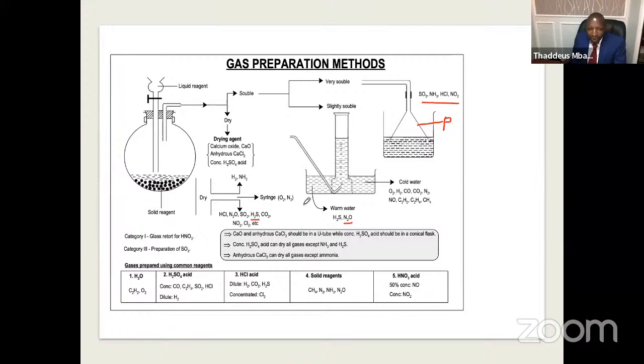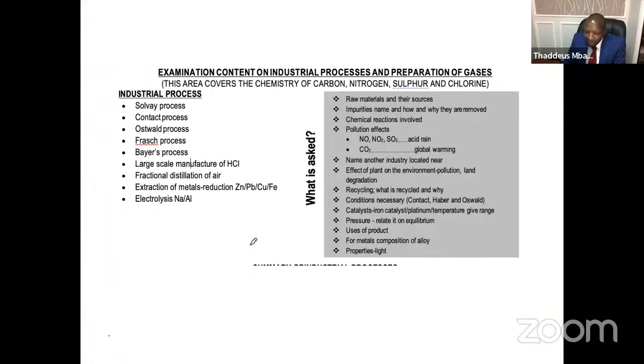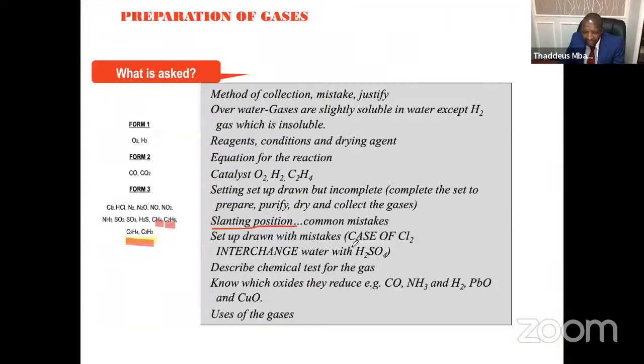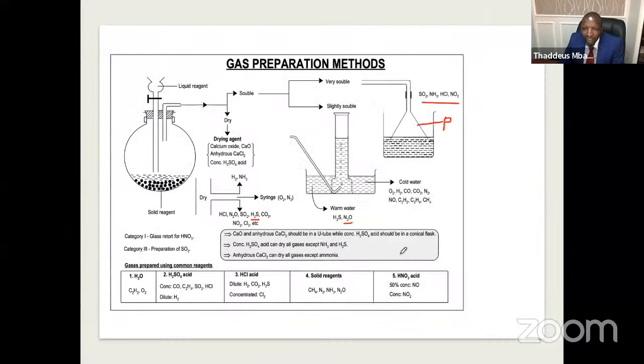Then we go to the drying agent. Remember, when you are using drying agents, if it's calcium oxide or anhydrous calcium chloride, it should be placed in a U-tube, but conc sulfuric acid should be placed in a conical flask. So somebody can draw a diagram, then you are given a liquid in a conical flask.